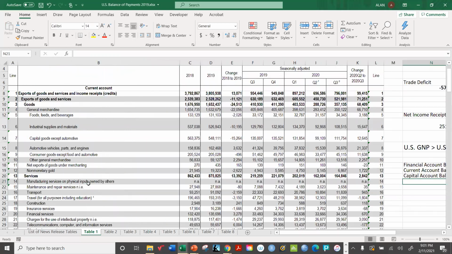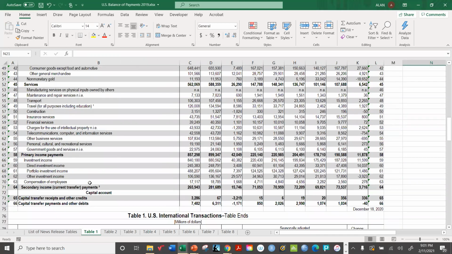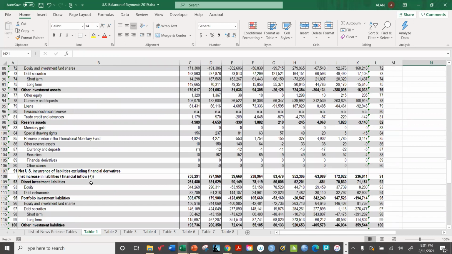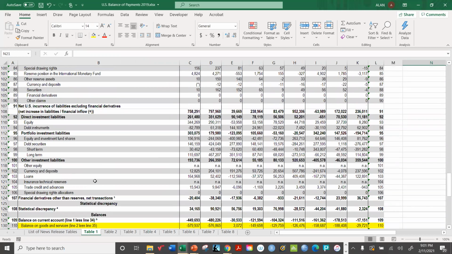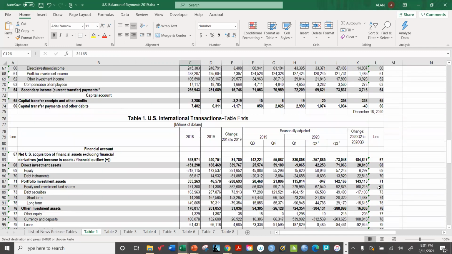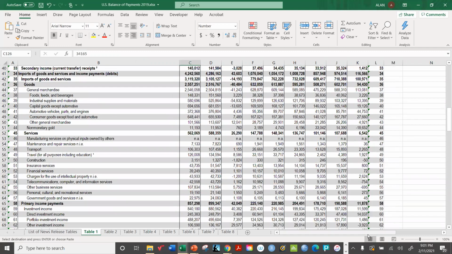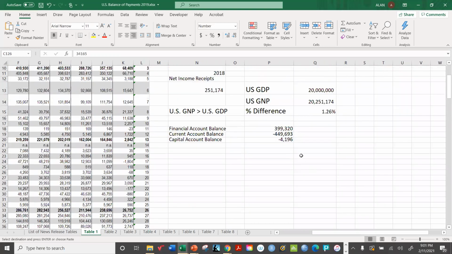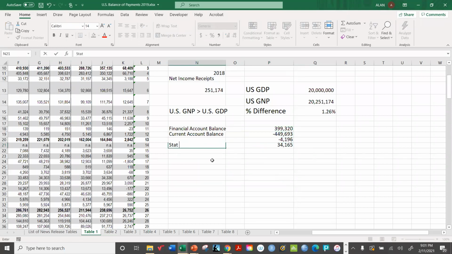We also have this other category called the statistical discrepancy. Where is it? There it is. Now, what is that all about? Well, I'll tell you what that's all about. Hold on one second. We're going to add these up.